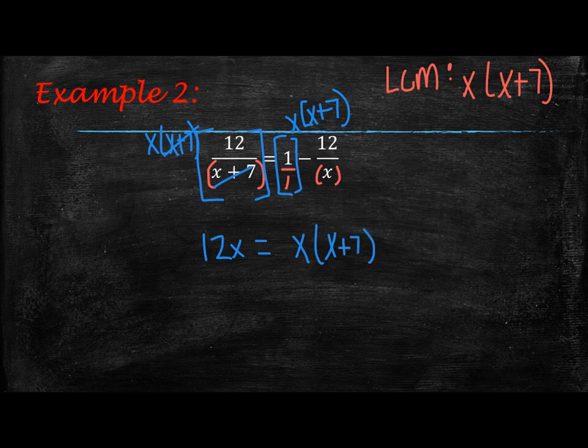And then I'm going to take that negative and put it up here with the 12. And I'm going to multiply this times x plus 7 as well. But the x's will cancel, so it'll really just be the negative 12 getting multiplied by x plus 7. At this point, go ahead and multiply out and simplify. So I'm going to have x squared plus 7x.